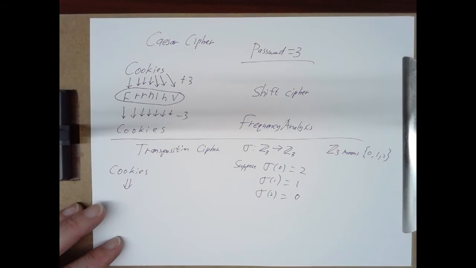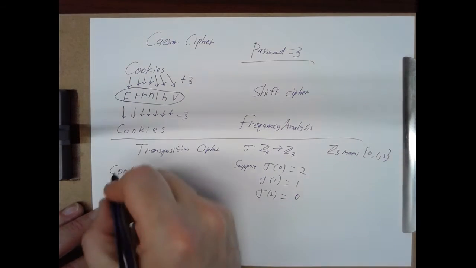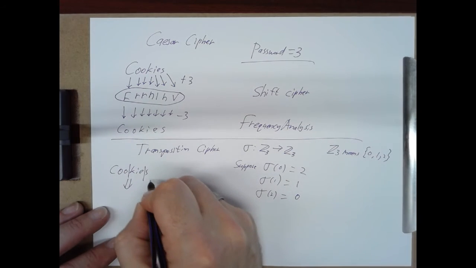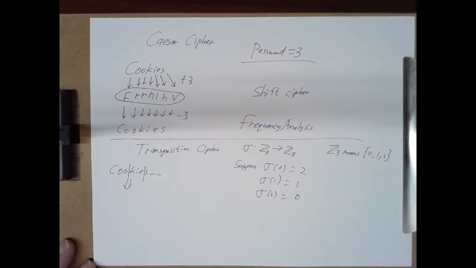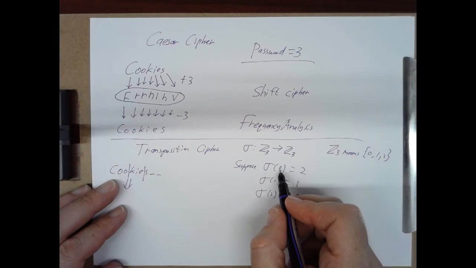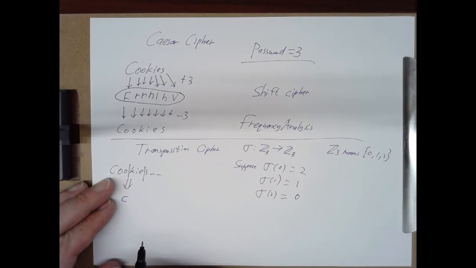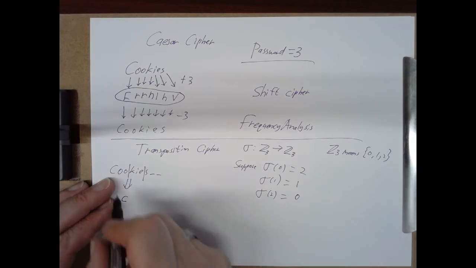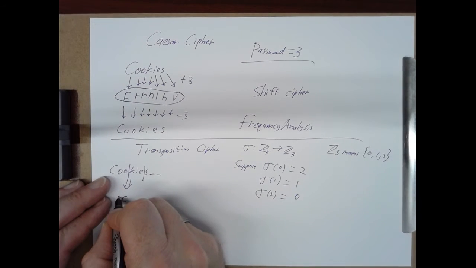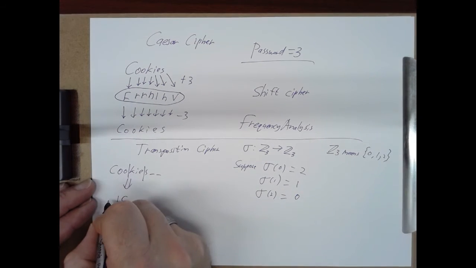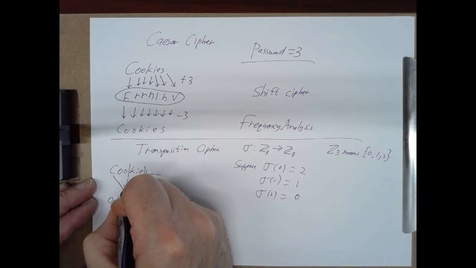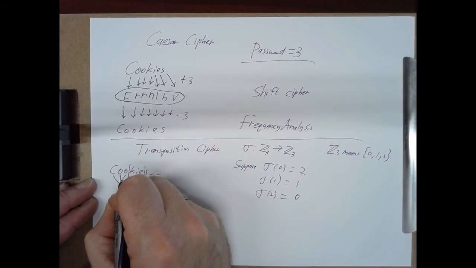To encrypt a message, we break it into groups of 3. So we'll pad some spaces at the end. And we rearrange the letters. So our first character, the C, is going to become character position 2. That's actually our third character. Character 1 is going to stay where it is, and character 2 is going to go to the beginning. So that's going to go like that, and that, and that.